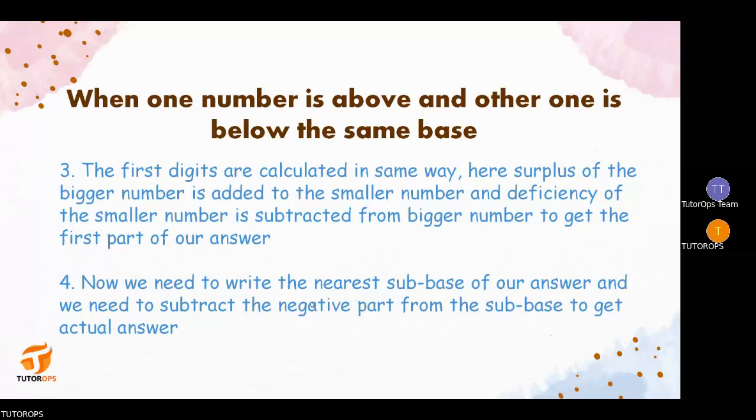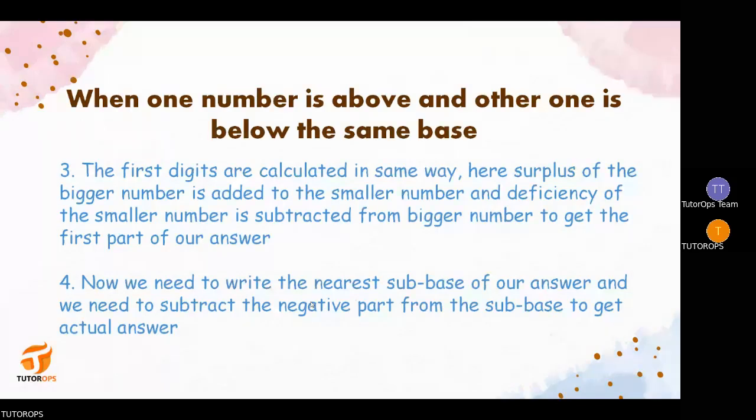Because I know that for a surplus case we usually do the addition, and for the deficient case we usually subtract the deficiency. But here I have both. So what can be done in this scenario? The surplus of the bigger number is added to the smaller number, and the deficiency of the smaller number is subtracted from the bigger number. Okay, so that will be very helpful to get the first part of our answer.